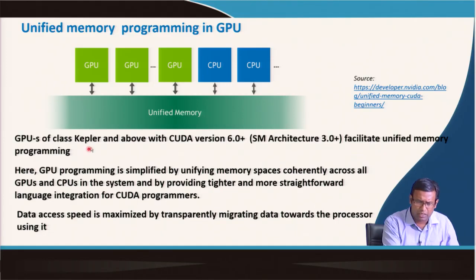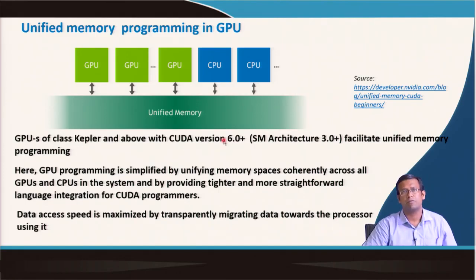GPUs, which started from CUDA class Kepler, SM architecture 3.0 plus, and the newer version of CUDA compatible to that, CUDA version 6.0 plus. So this gives more flexibility to the programmers, as I told you earlier that GPUs are evolving in terms of flexibility and performance, and the performance tuning is also better possible here.